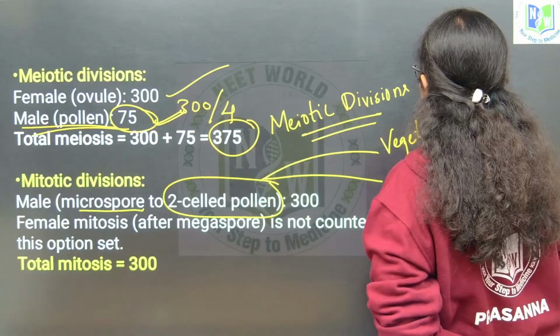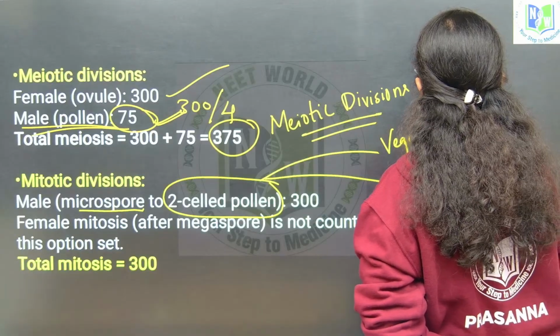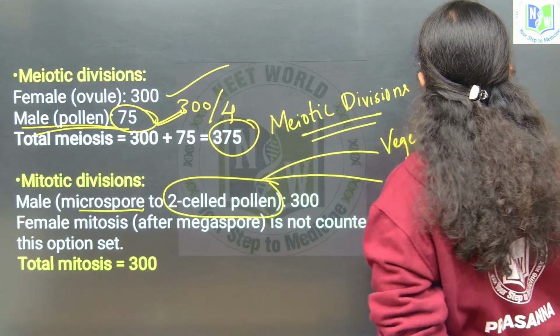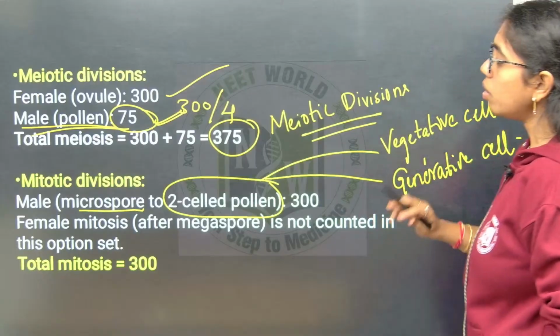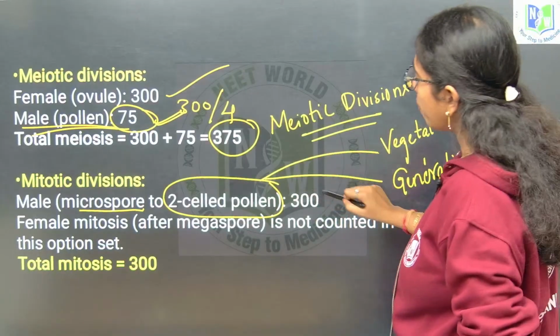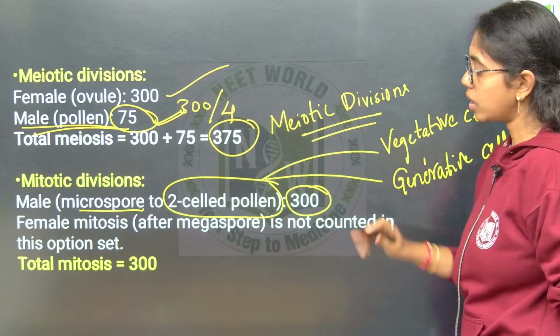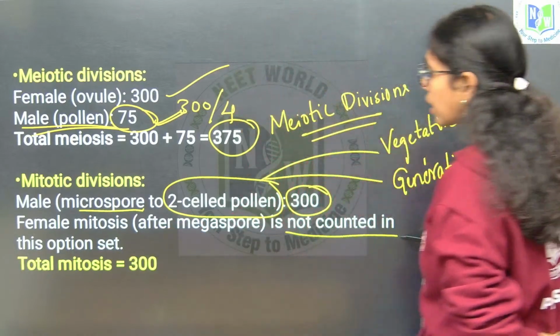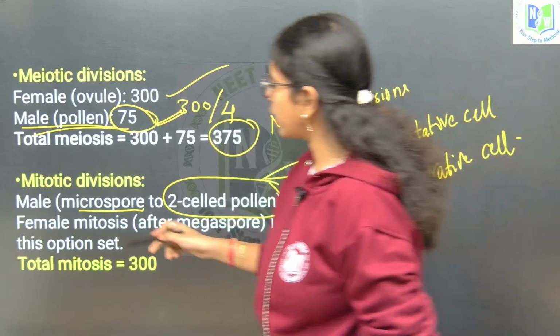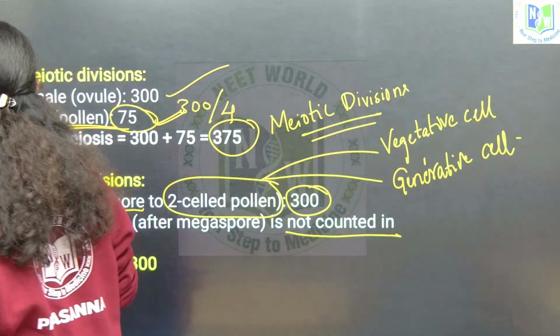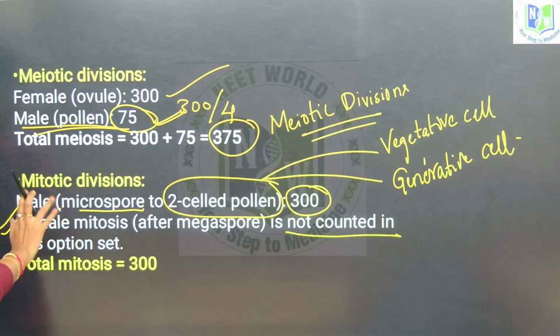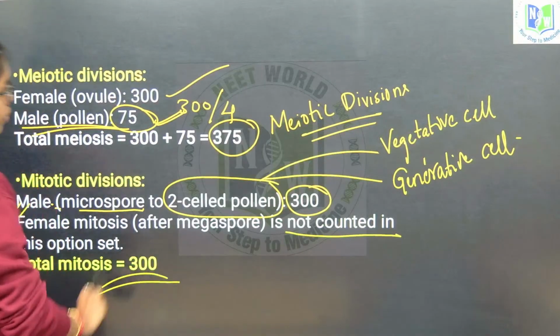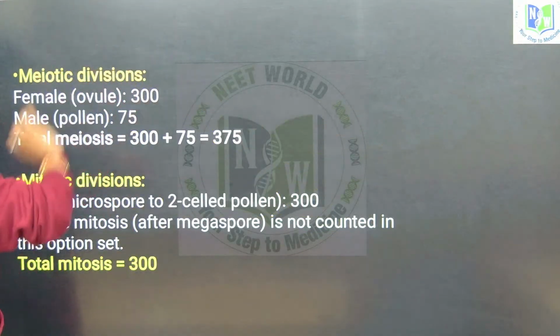So that forms 300 pollen grains, and male mitosis is 300, which is not counted in the option set. The female mitosis is not being asked. So total male mitosis is only 300 according to the question.